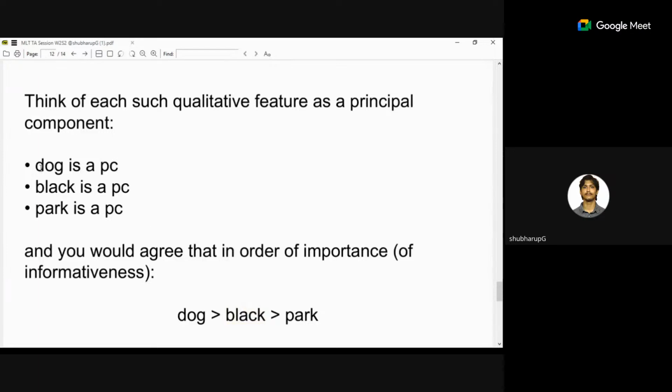But likewise, if it's only pictures of dogs, then dog might not become a principal component either, because all of the pictures are dogs, right? In which case, moving on to the next slide, but if you have pictures of dogs, and maybe all pet animals, dogs and cats and rabbits, then dog might become a principal component, because it's sort of one and not the other two.